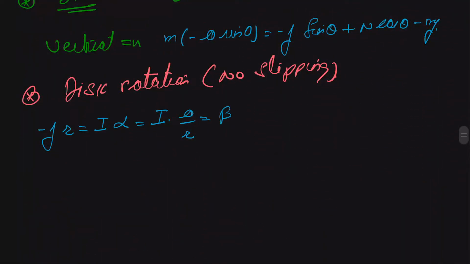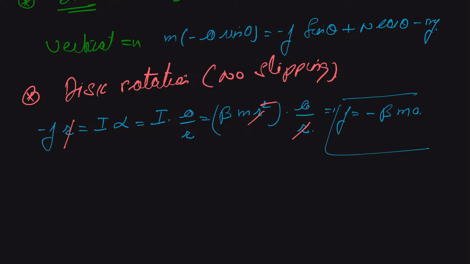So we can write this as beta m r square times a upon r, and from here r square and r cancel out, and we get that our friction is equal to minus beta m times a. So this is our frictional force.